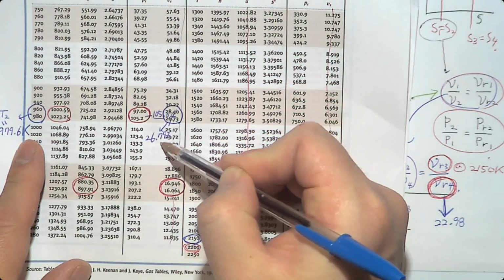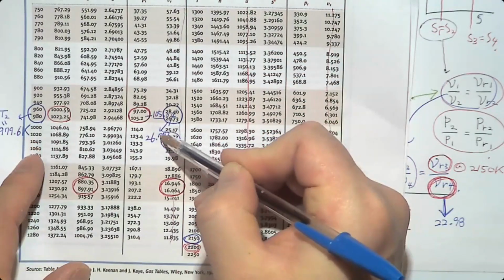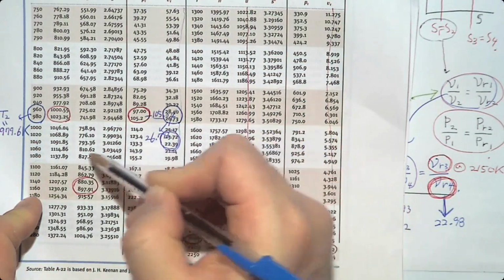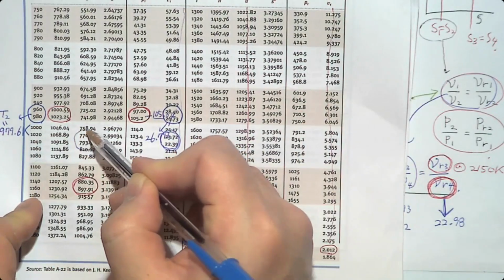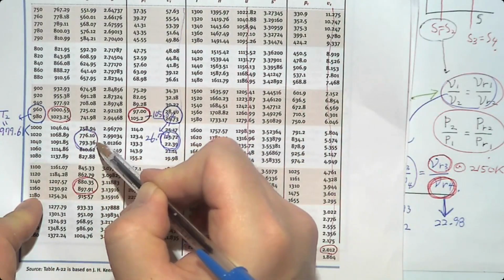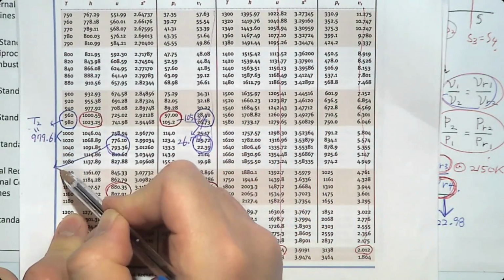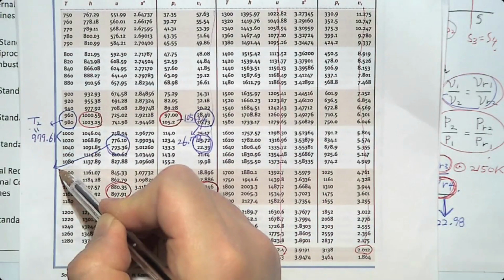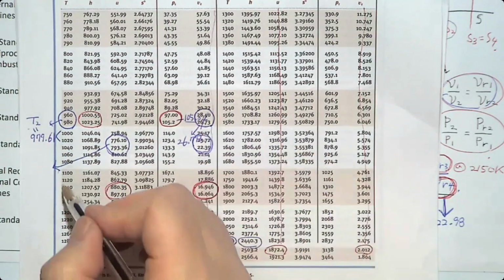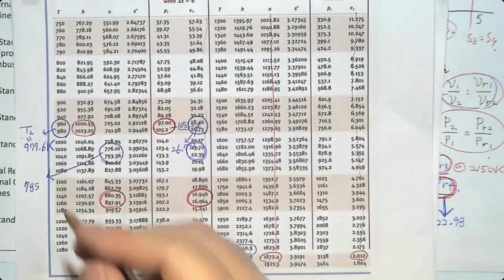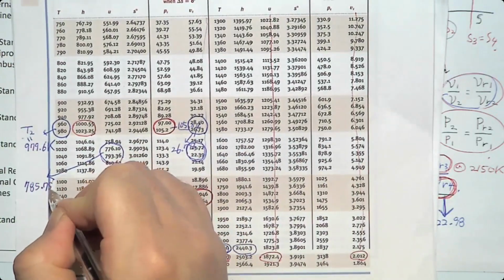20.98 is going to be between these two numbers. So we need to do another linear interpolation to determine U, which is between these two numbers. If you do the linear interpolation, we get 785.75.